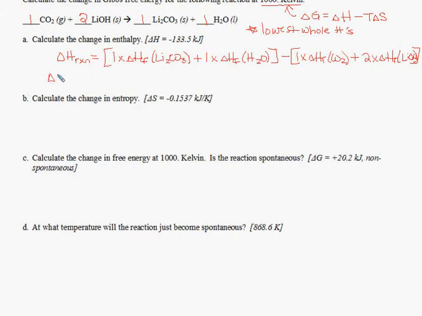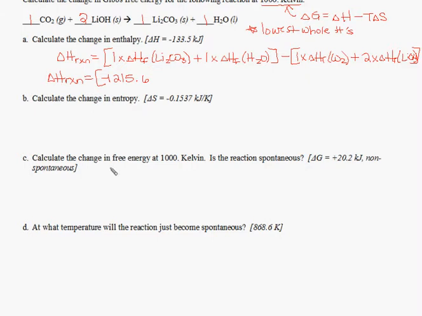So as we calculate, use your heat of formation table. We have our lithium carbonate. We've got a negative 1215.6. And we're going to add the water. And again, remember, water is the liquid form.